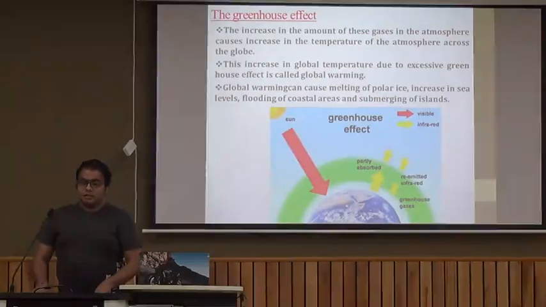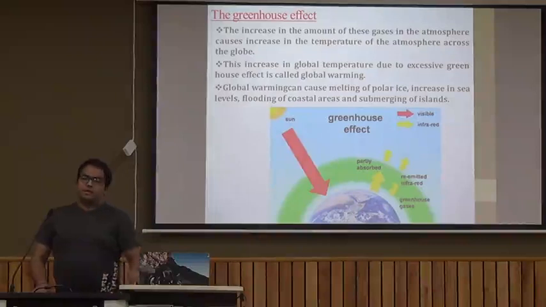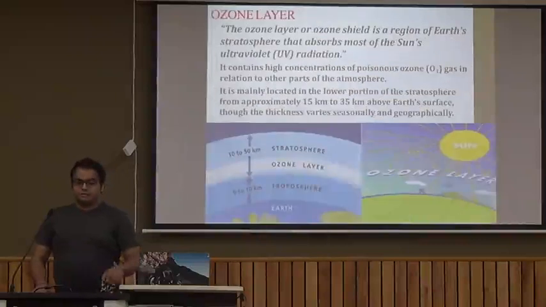Like the global temperature is increasing. This increase in global temperature is due to the excessive greenhouse effect, and we call it global warming. Global warming is causing the melting of polar ice caps, floods and droughts, by disturbing other biogeochemical cycles which run in our ecosystem.